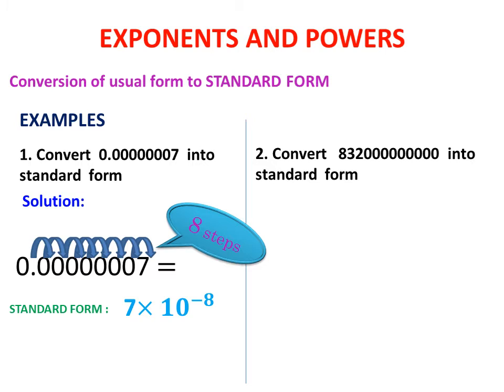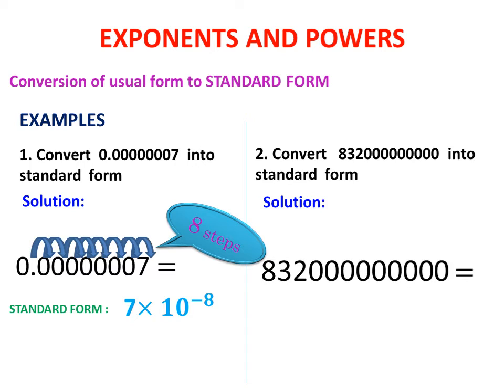Second sum. Convert 832 and you have actually 9 zeros after that into standard form. How do we do it? You don't see any decimal point in this. It means that the decimal point lies at the rightmost corner of the number.